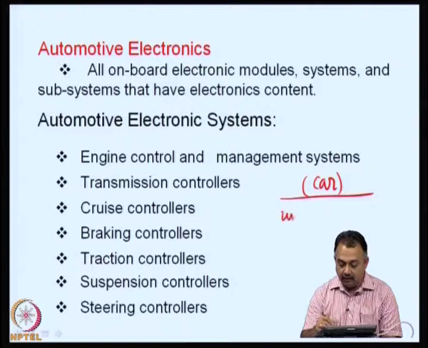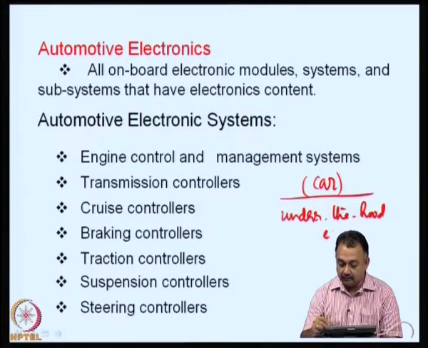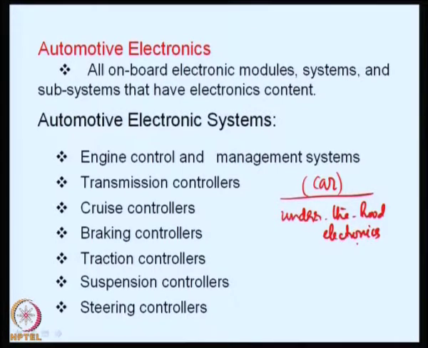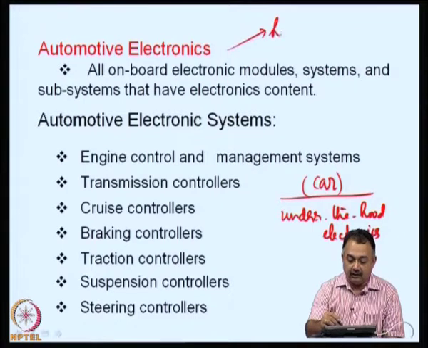We talk about under the hood electronics. All the electronics has to be built under the hood, in atmospheres or conditions that are very harsh. So, you can say automotive electronics will deal with harsh environments.